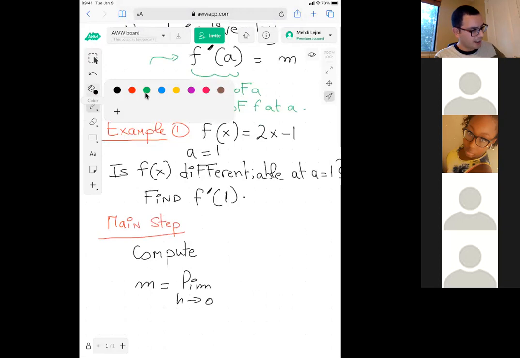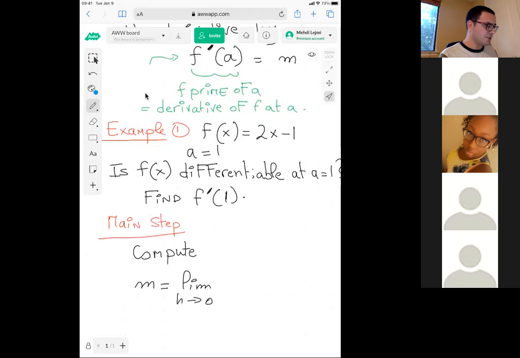All right, and as I said yesterday, you can think of h as the distance between the number a and x. So you want x to approach a, because this notion of the derivative, or this slope m, is actually a local thing. We said this tangent line is the best linear approximation of the function f in a small neighborhood of a.